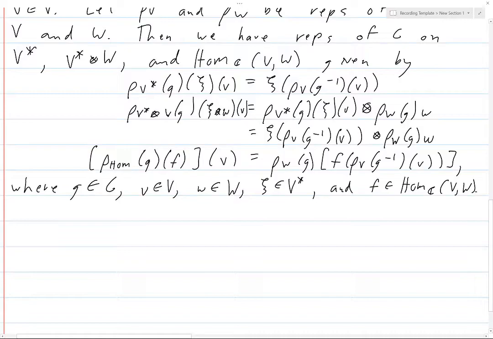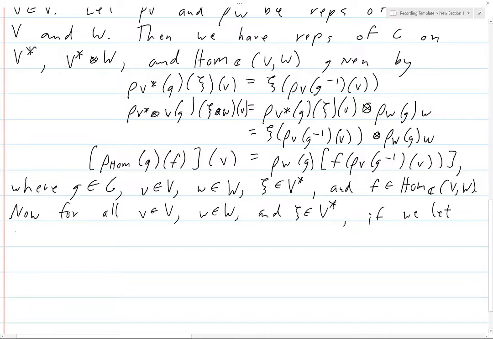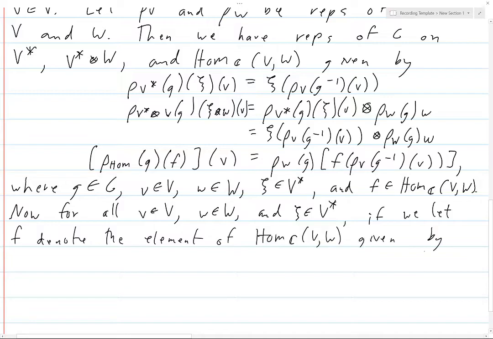So anyway, now for all v in V, w in W, and xi in V star, if we let f denote the element of Hom C VW given by f of v equals xi of v times w, then what happens?